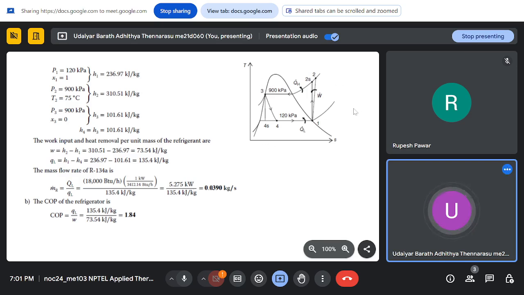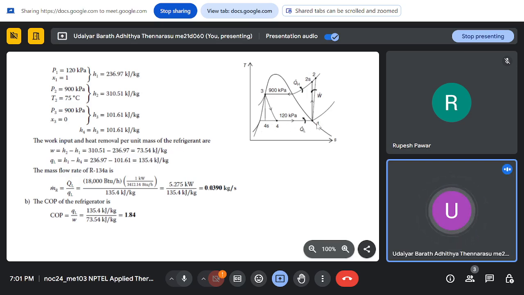So for this cycle, the work input and heat removal per unit mass of refrigerant: we know the inlet and outlet of the compressor, so the work is h2 minus h1, all in specific work. So work input per unit mass of refrigerant is h2 minus h1, 310.51 minus 236.97, which gives you 73.54 kilojoule per kg.